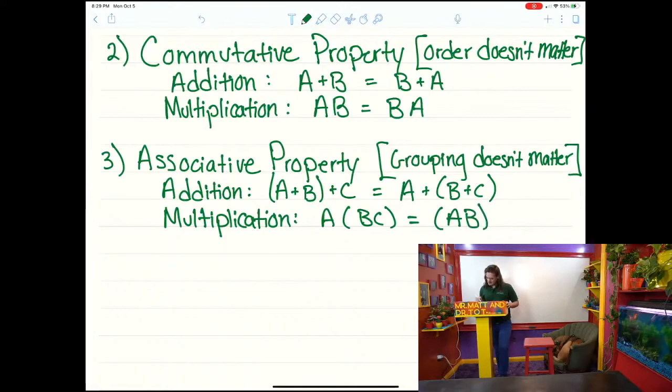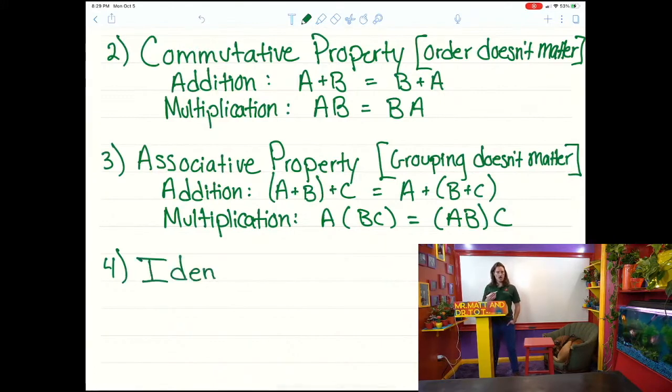Next, we have the identity property. And this basically tells us what makes an expression in addition or multiplication unchanged.